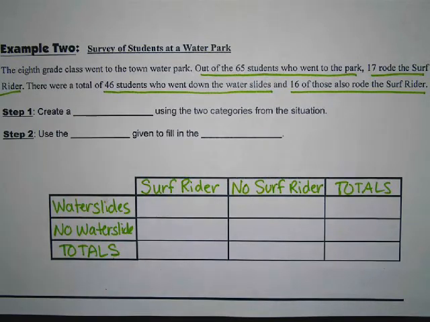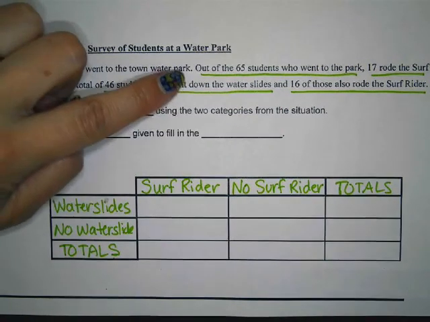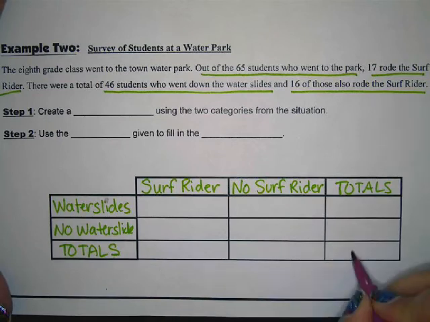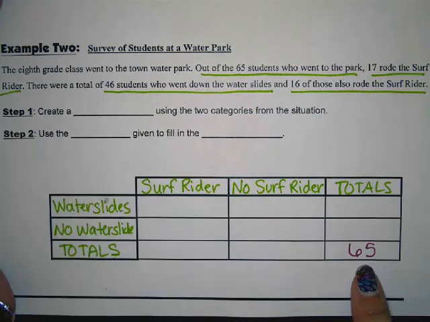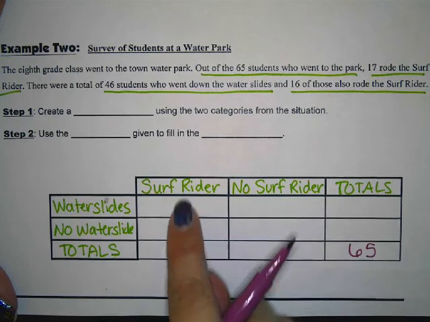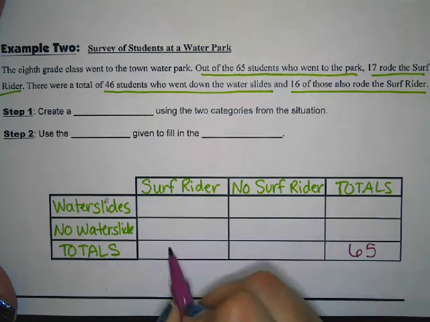So let's fill in what we know already. We know 65 people went to the water park, because out of 65 students who went to the water park, so there's 65 students total. That's my absolute total I'm going to put in the bottom. 17 rode surf rider. So here's my surf rider, 17 of them rode surf rider.